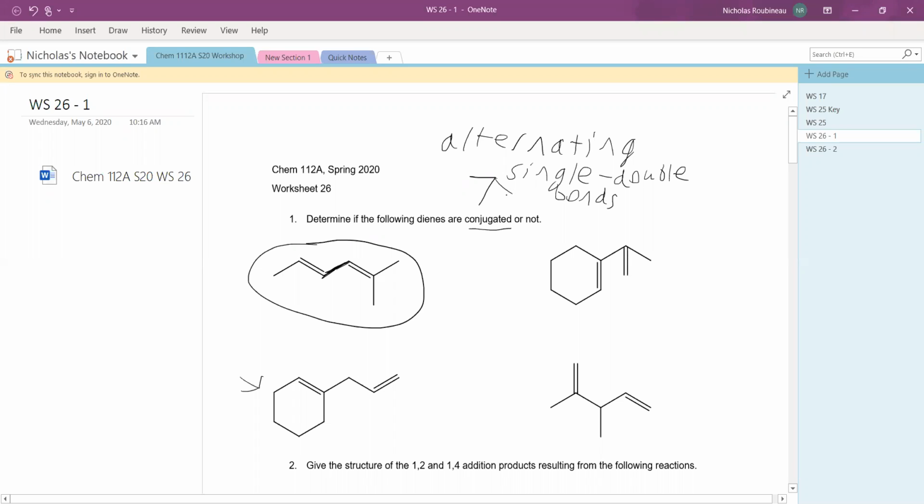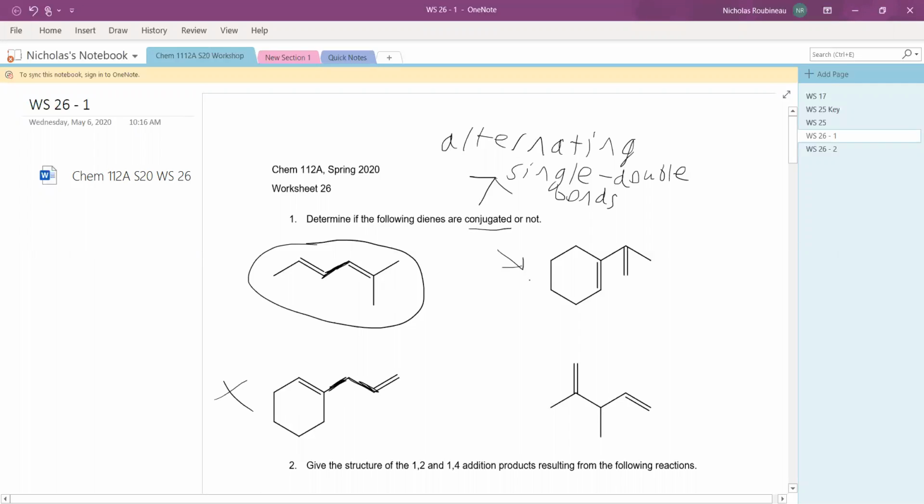So this is no. I guess we'll just put an X because there's two single bonds in between the two double bonds, so they're not alternating. That's not conjugated. They have to be right next to each other.